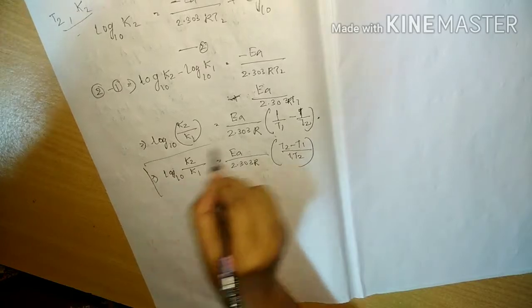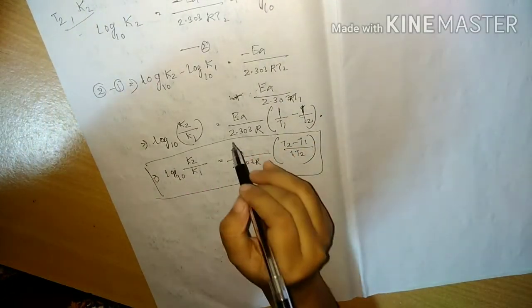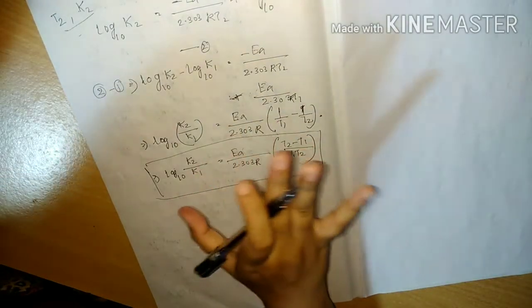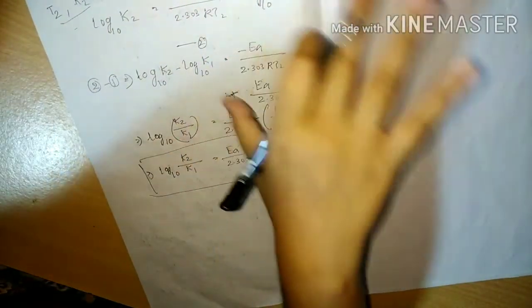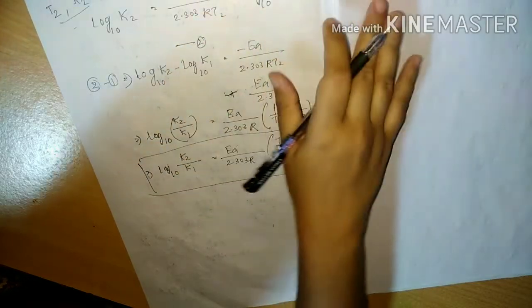This is the ultimate equation for calculation of activation energy. So this is how I can calculate activation energy using the Arrhenius equation, the overall concept of the Arrhenius equation.